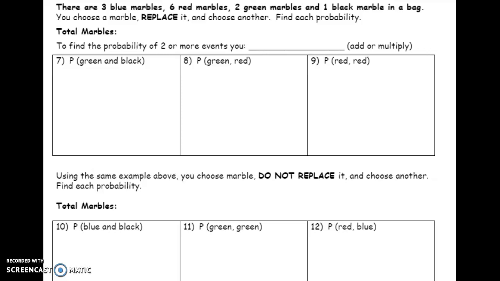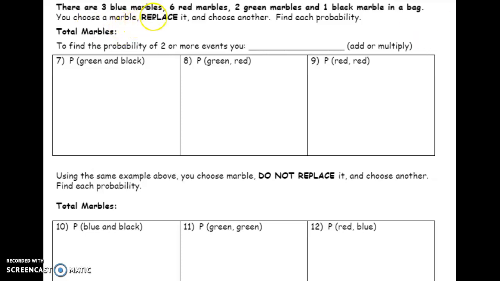Okay, in the previous problem, number 5, we looked at when we used "or" and added our probabilities. Now we're going to look at when we use the word "and". In this problem, there are 3 blue marbles, 6 red marbles, 2 green marbles, and 1 black marble in the bag.